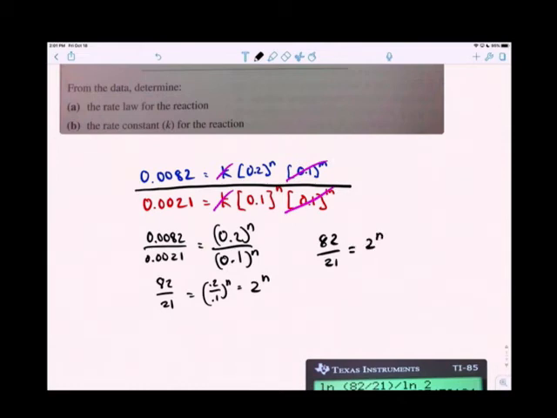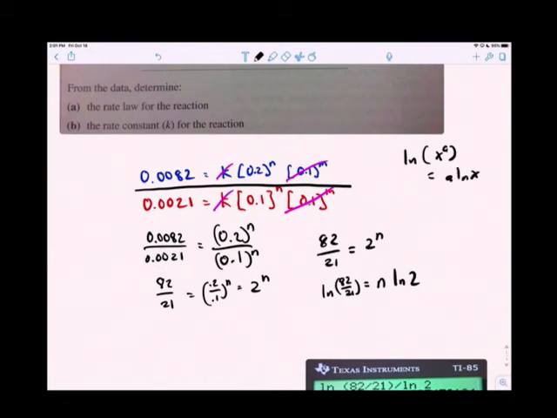You can take the natural log of both sides. ln of 82 over 21 equals n ln of 2. And this is one of those rules: if you have the natural log of the quantity x to the a, this equals a ln x.